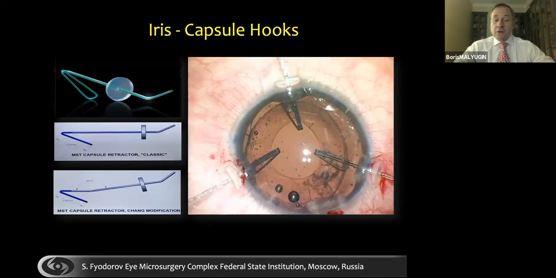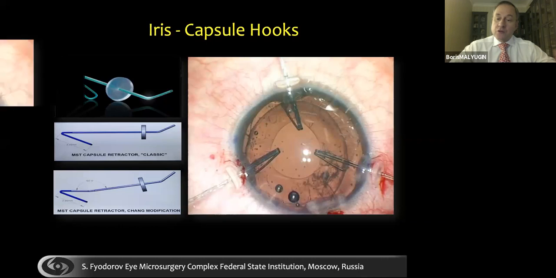This is another great instrument, a capsular hook, especially designed not only for expanding the pupil if necessary, but also to keep and support the weakened zonular apparatus, as shown here.